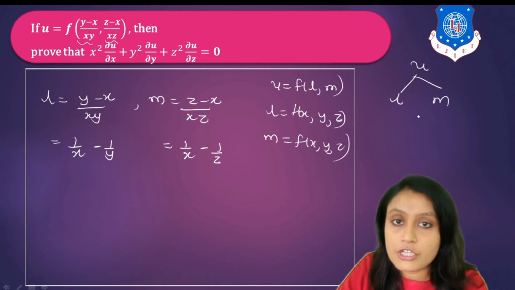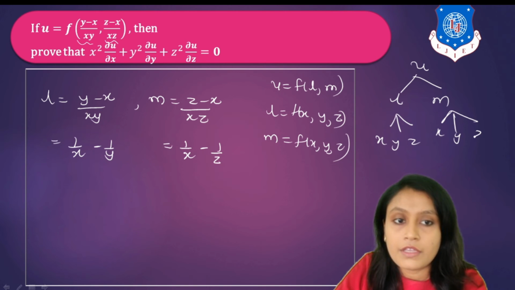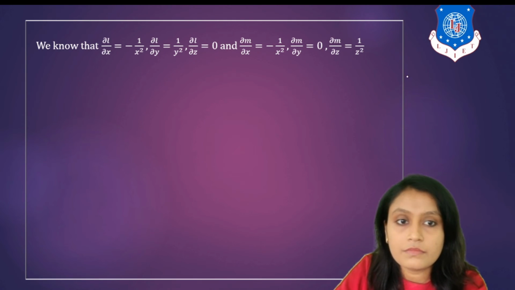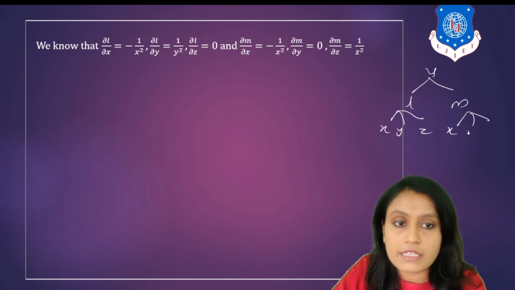So u is a function of L and M, and L and M are functions of x, y, z. Okay, now we will draw this tree diagram again over here. So u is a function of what? L and M, and L and M are functions of x, y, and z.